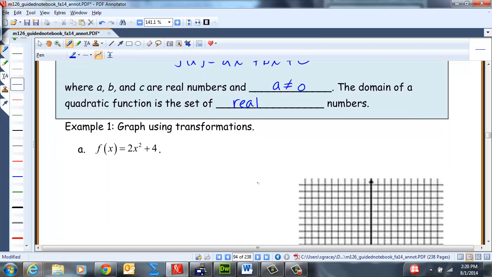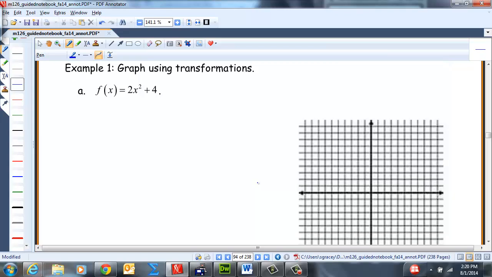Okay, so let's graph this one using transformations. So here, and I only gave you one graph to work with, so it might be a little messy, but let's take a look. So using transformations, basically we would be graphing one graph that would be your library function.